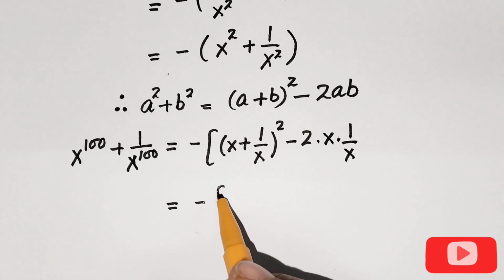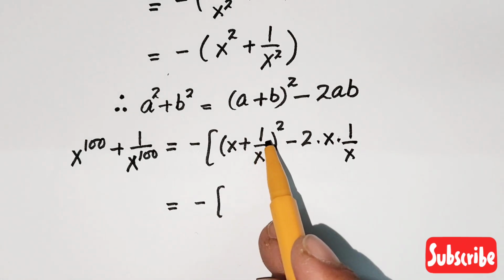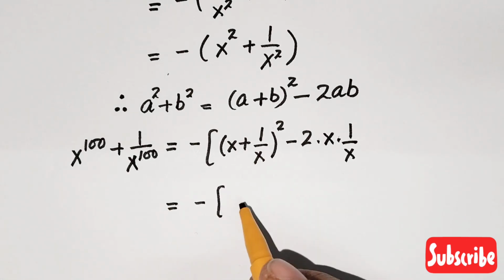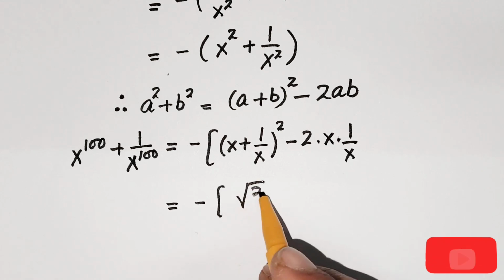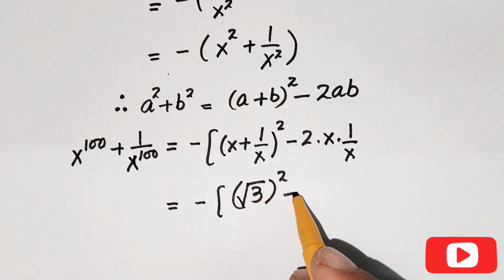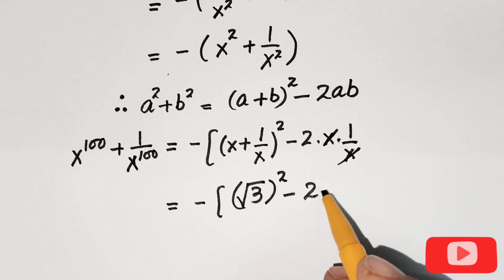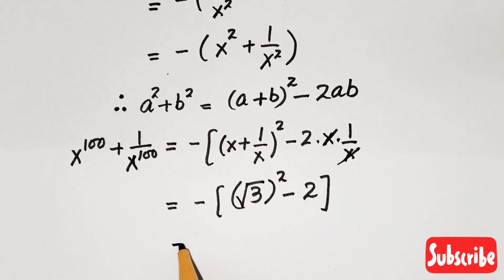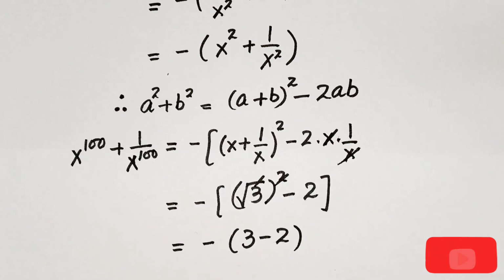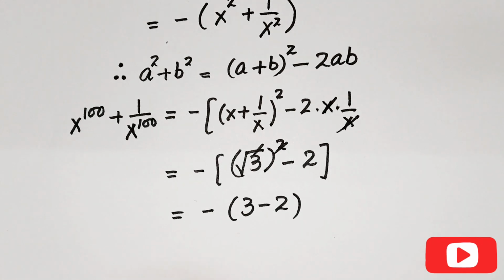As we know, our value of x plus 1 over x from our problem is square root of 3, whole squared, and minus, cancelling x with x, we write minus 2. So cancelling square with square root we get 3 minus 2, which is equal to 1, and minus times 1 is minus 1.